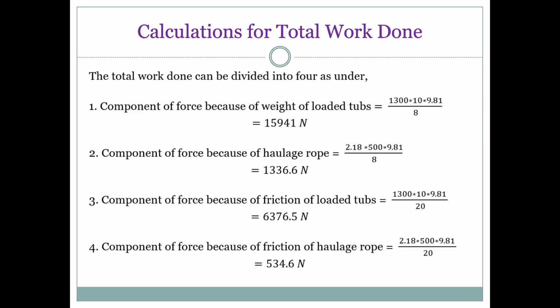Dear friends, in the previous numerical, the total force was calculated as 1 plus 2 minus 3 plus 4, because that was an example of a descending set of tubs. So when the tubs are descending, the total force required would be 1 plus 2 minus bracket 3 plus 4 bracket complete.